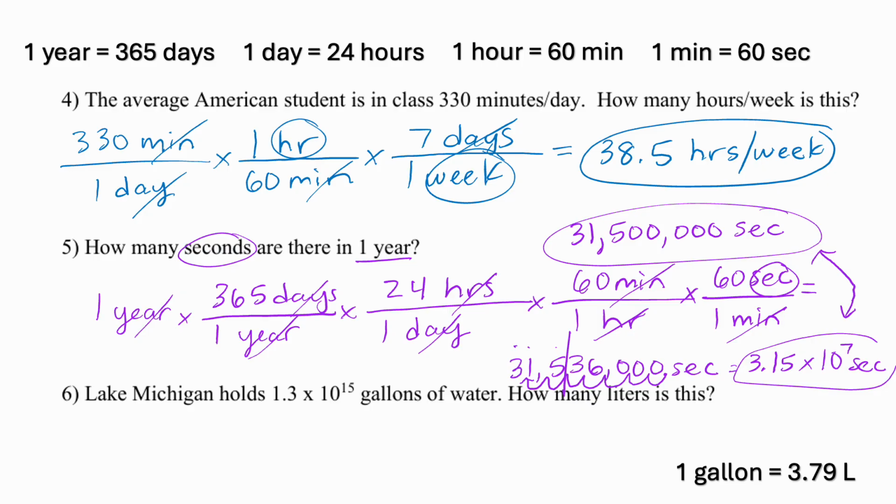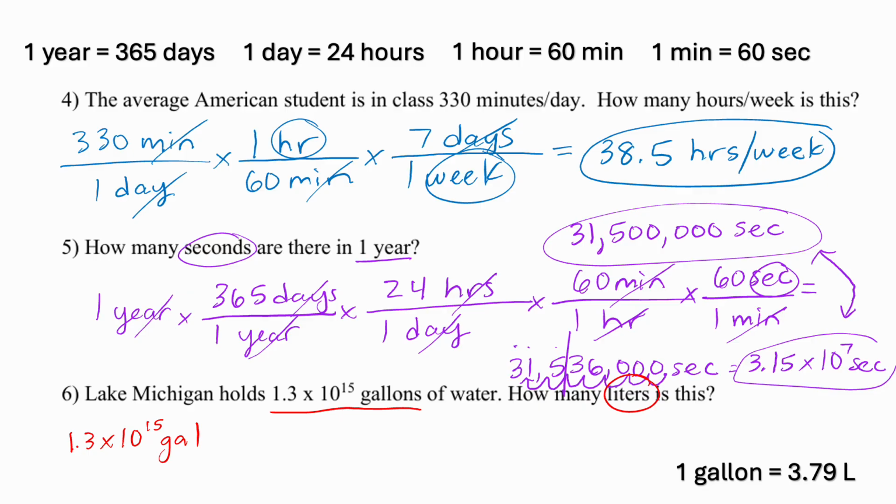All right, and then for our example number 6, Lake Michigan holds 1.3 times 10 to the 15th gallons of water. How many liters is this? So I'm looking for liters, and I have gallons. So I'm starting with 1.3 times 10 to the 15th gallons, and I want to go to liters.